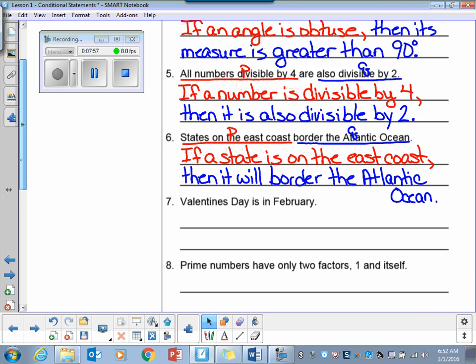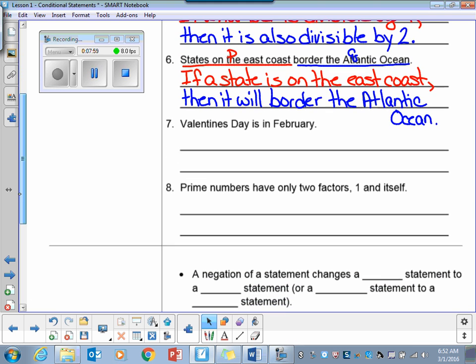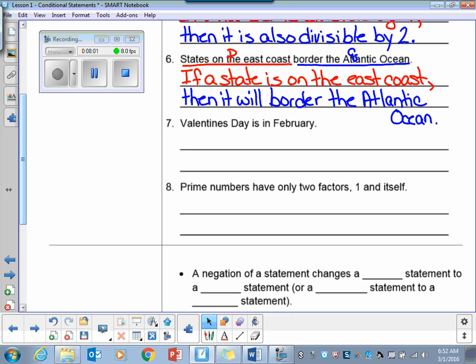Okay, number 7. Valentine's Day is in February. So I could say if it's Valentine's Day, then it's February. That would be true. If I say if it's February, then it's Valentine's Day, that's not true because there are 27 or 28 other days in February that aren't Valentine's Day.